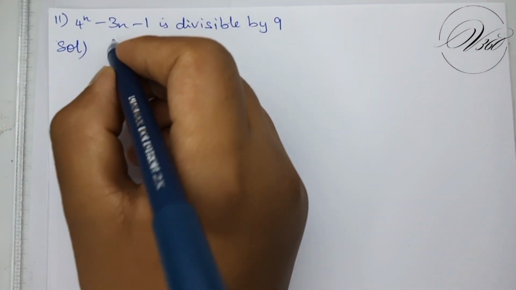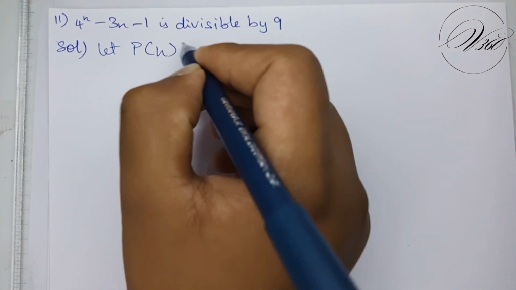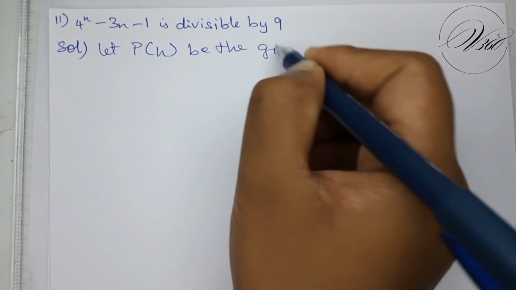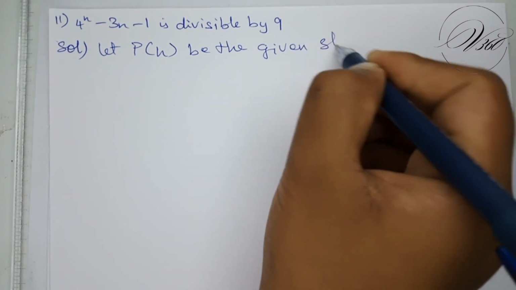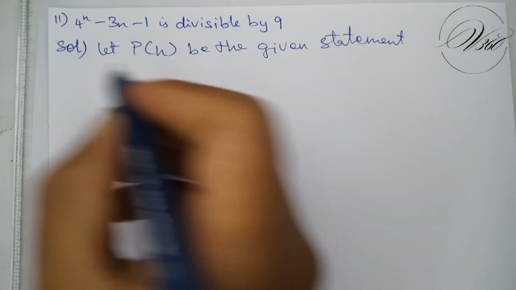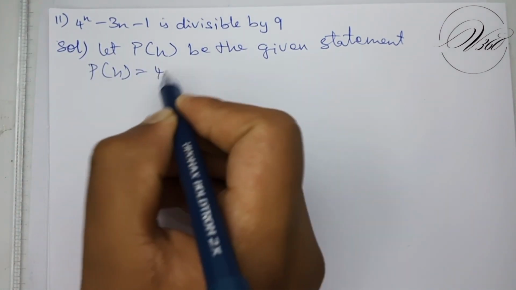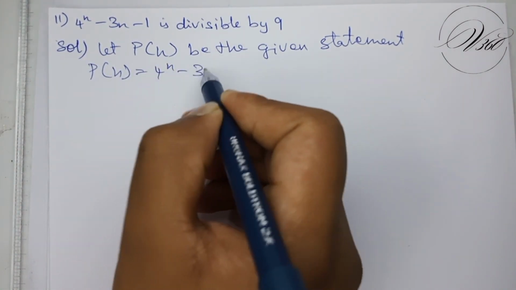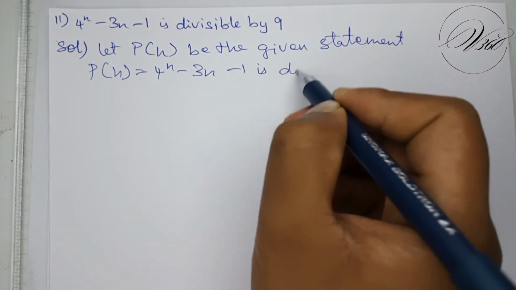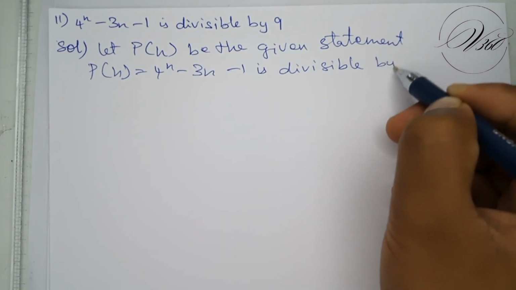Firstly let P of n be the given statement, that is P of n equals 4 to the power n minus 3n minus 1 is divisible by 9.